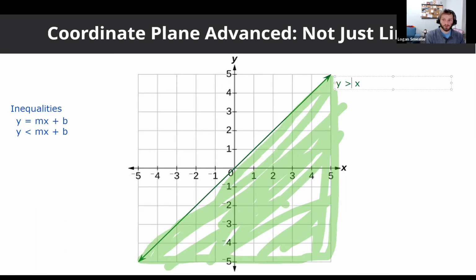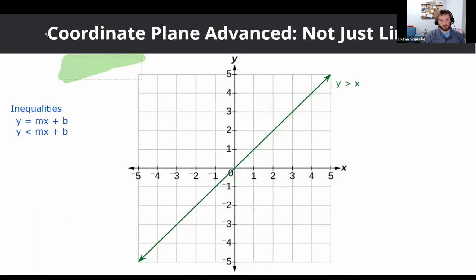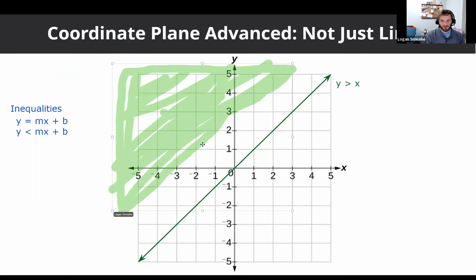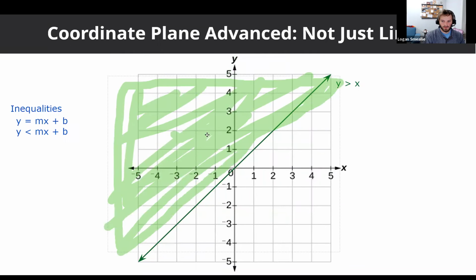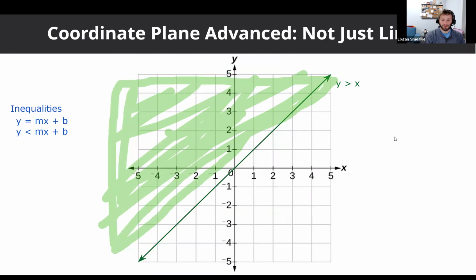And if you ever see the reverse, y is greater than x, then it's going to totally flip. You're going to wind up with everything above the line shaded, because that's everything that matches the statement y is greater than x.